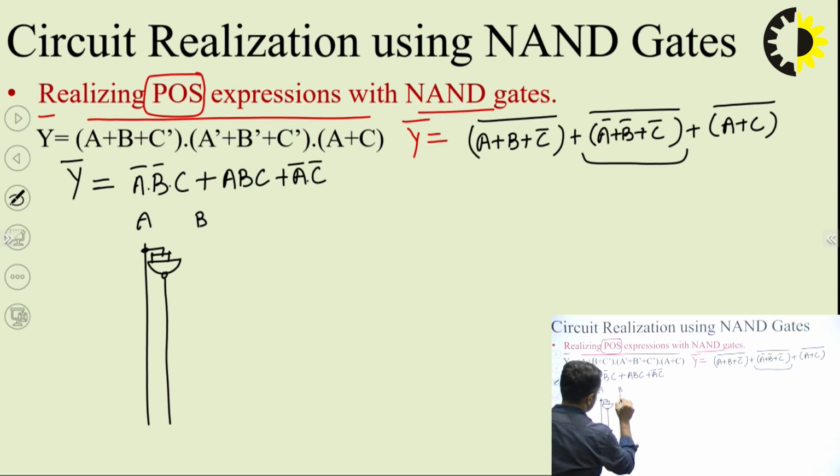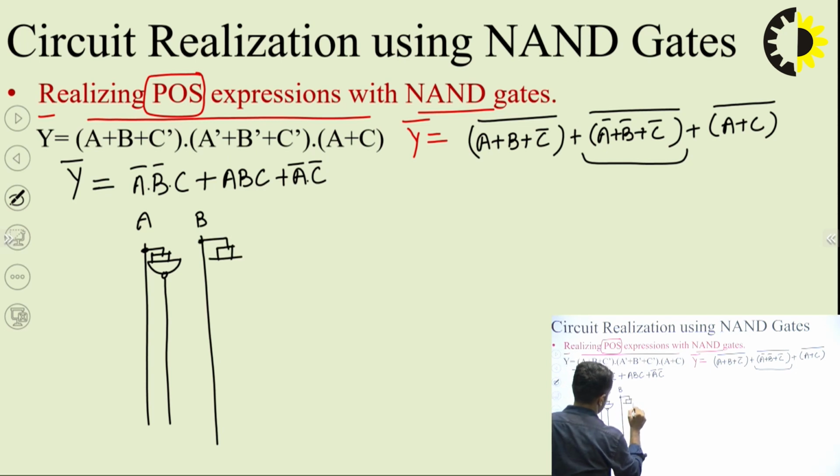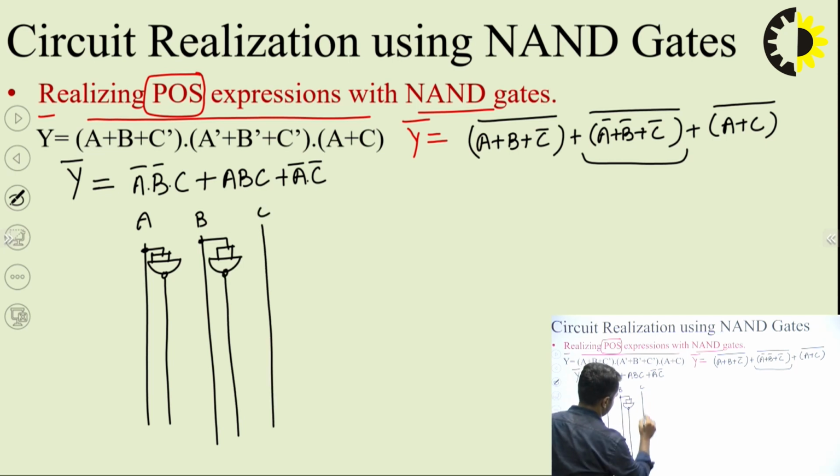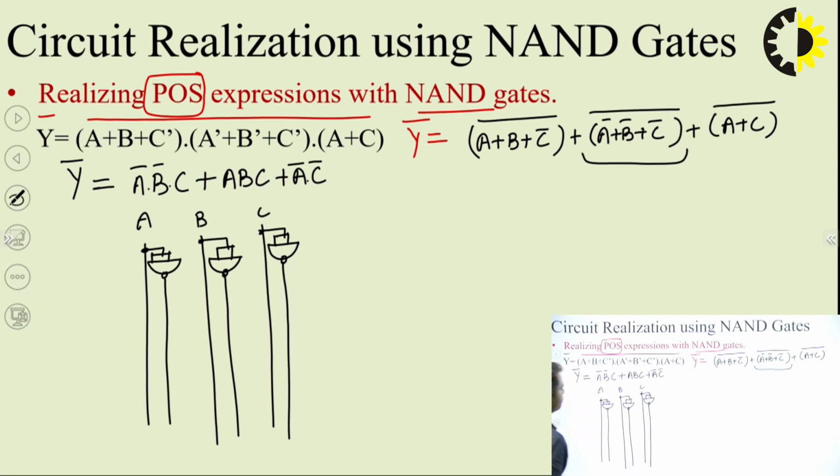Similarly B, similarly C. Okay, then realizing these products A bar, B bar, C. So this is A bar, this is B bar, and then C.